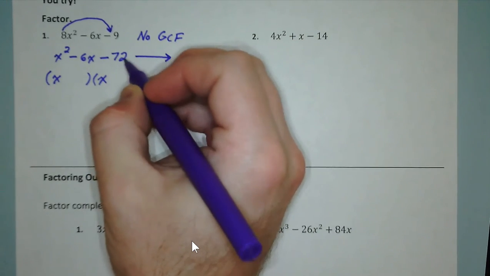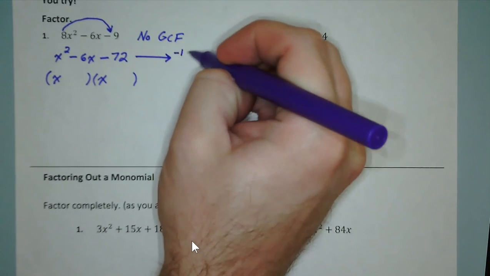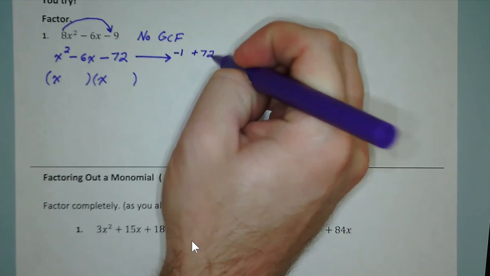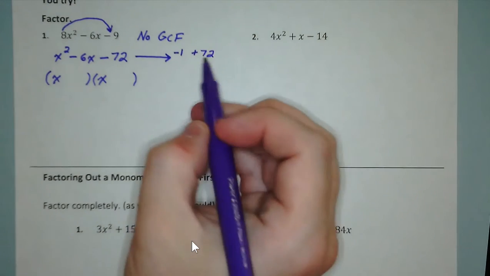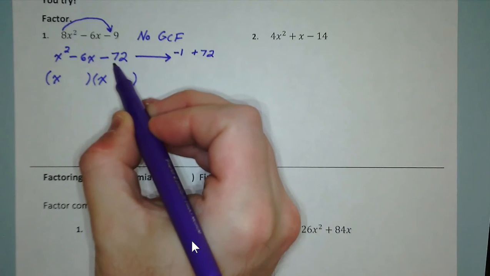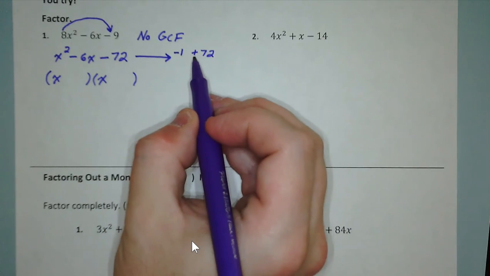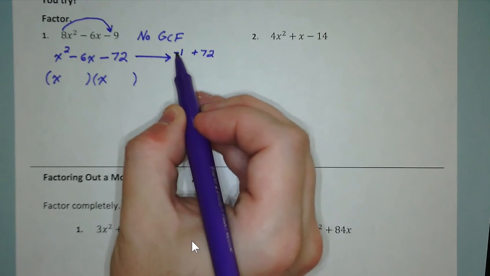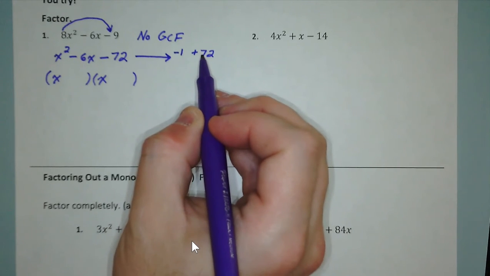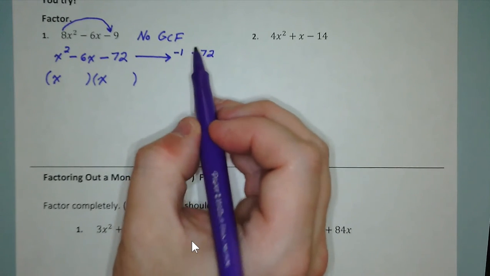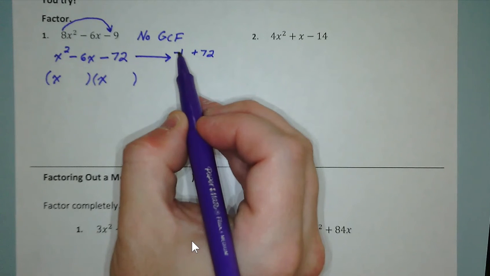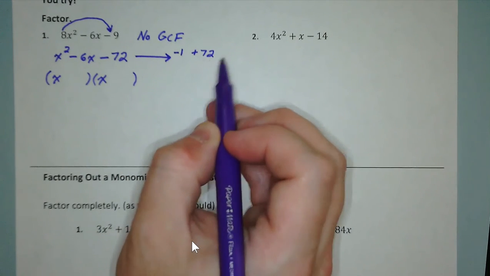So go off on the side and go, okay, literally -1 and positive 72. So Dakaya, that gets us a negative 72, right? -1 times positive 72, right? But Takaya, what is -1 and +72 added together?